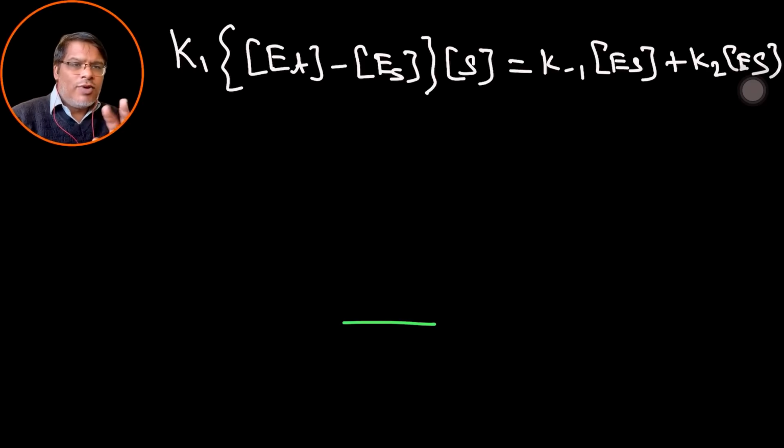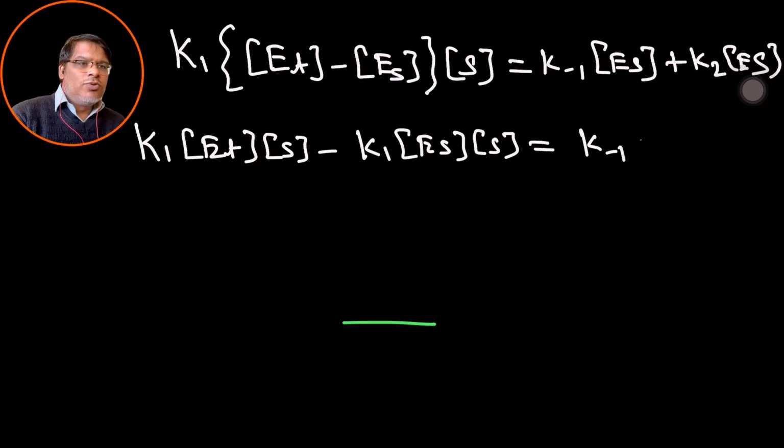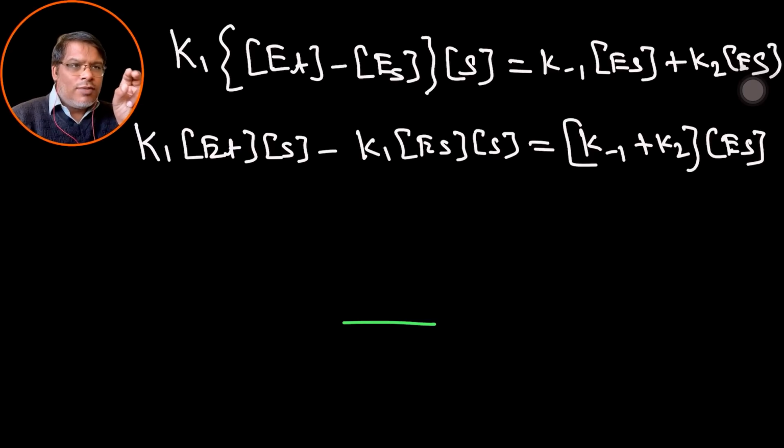Now if you solve this, K1 E_T multiplied with the substrate concentration minus K1 ES substrate concentration is equal to K minus 1 plus K2 times ES. You just take this term common, the enzyme substrate complex, so it will be K minus 1 plus K2 multiplied by the enzyme substrate complex.